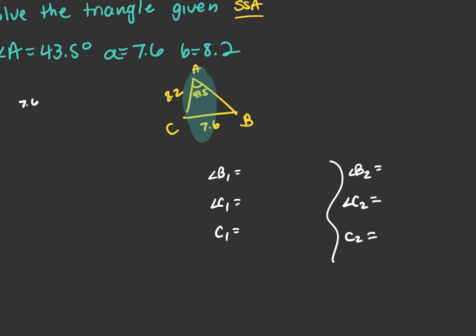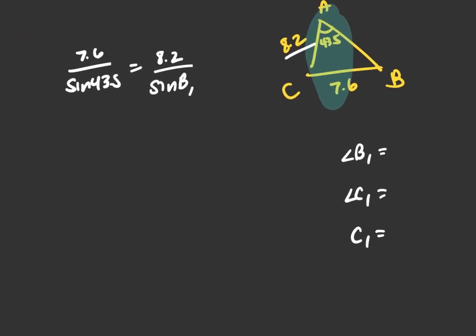So I can do 7.6 over the sine of 43.5 equals, the other thing I have is side B, which would be 8.2, over the sine of angle B1. Then we cross multiply. So 8.2 times the sine of 43.5 equals 7.6 times the sine of B1. Then I'm going to divide by that 7.6.